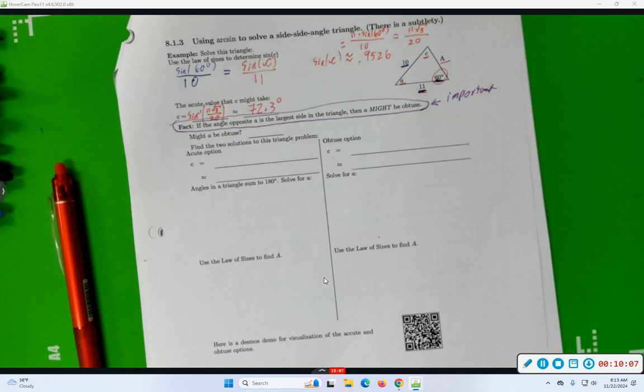If you have an angle in a triangle that is opposite the largest side length, then it might be obtuse. And that makes sense, right? Whenever you have an obtuse angle, the opposite side length will have to be the longest side.